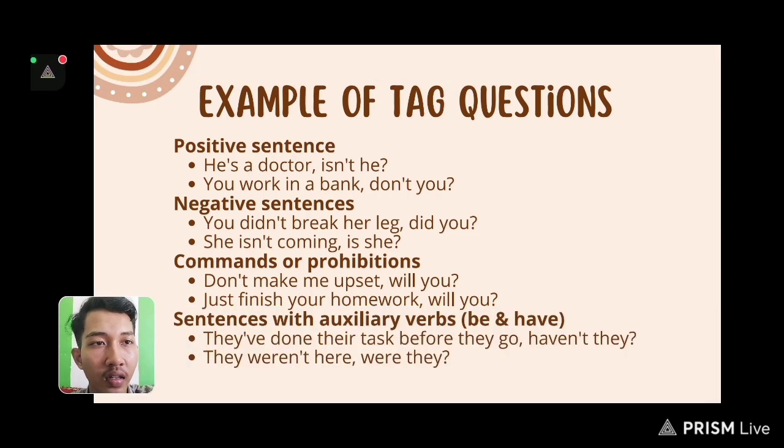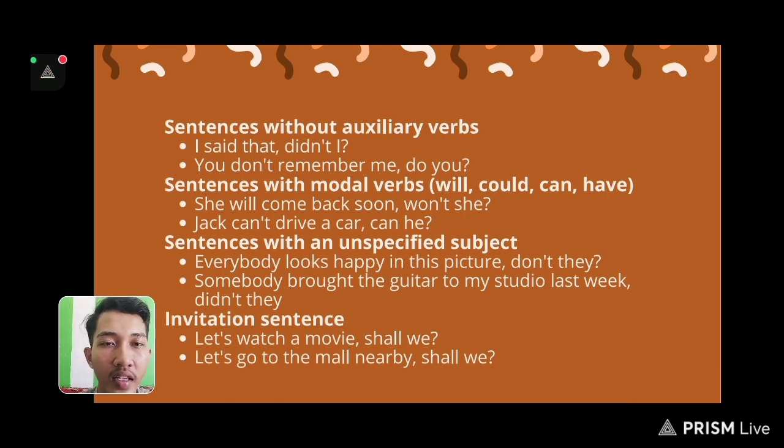Next, sentences with auxiliary verbs. The formula for a sentence without an auxiliary verb is to use do, does, did. And the example is: I said that, didn't I?